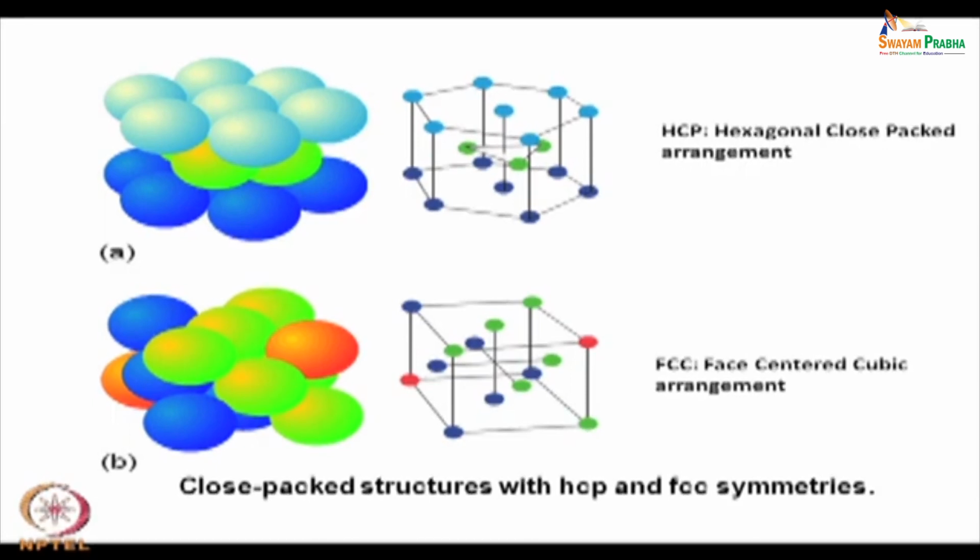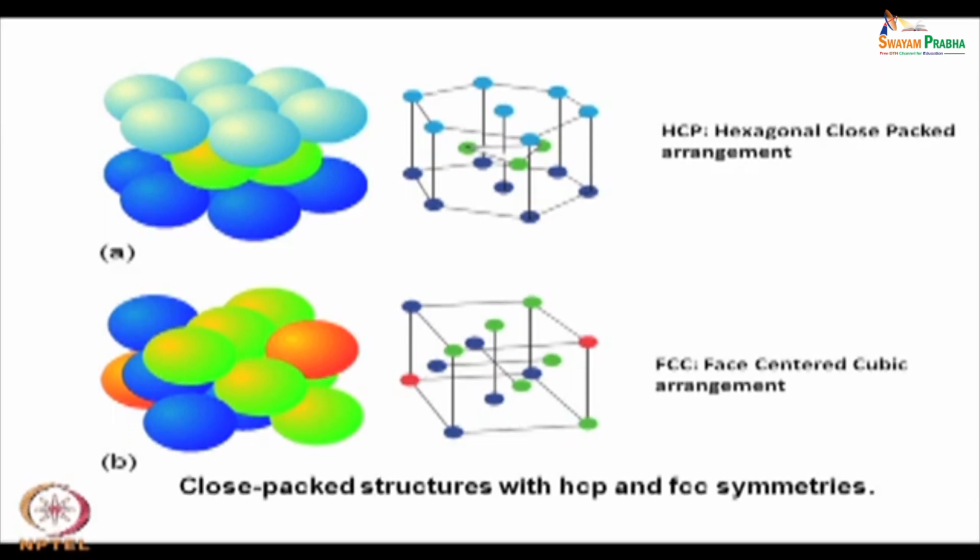More atoms are there, and obviously their distance of separation will be the least, whereas in an open structure plane, the number of atoms will be less, so the average distance of separation will be large. So, normally it is the close packed planes which are the slip planes, that means the planes on which the atoms can move.